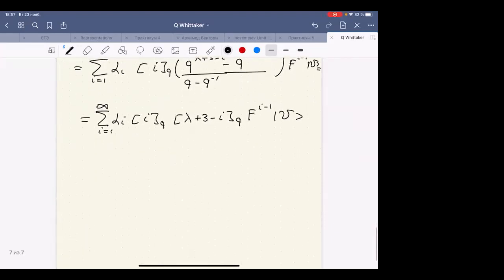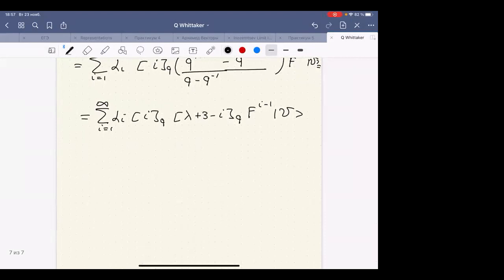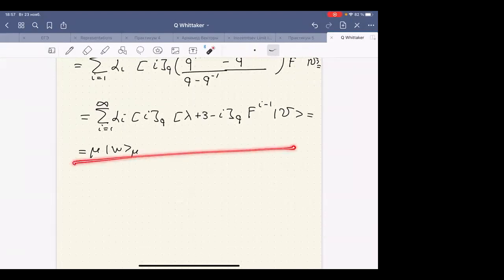Yeah, everything is good. Now, we wanted this to be equal to mu times the Whittaker vector. This gives us a recurrent relation for alpha i's.